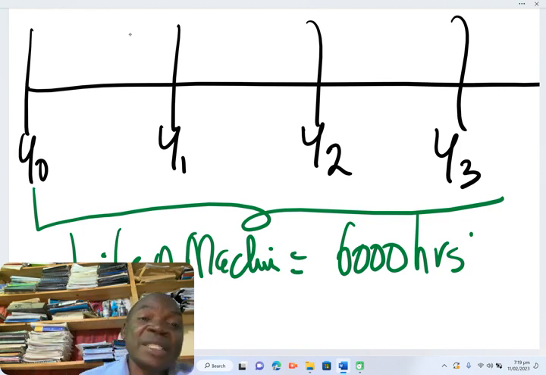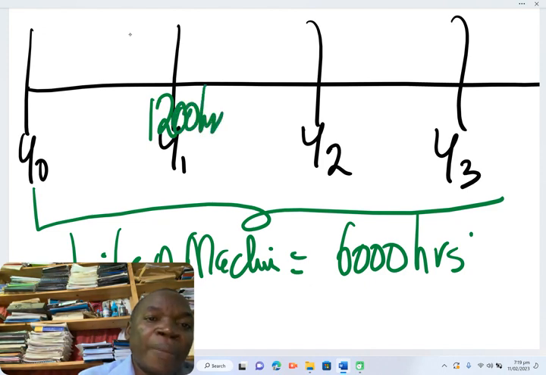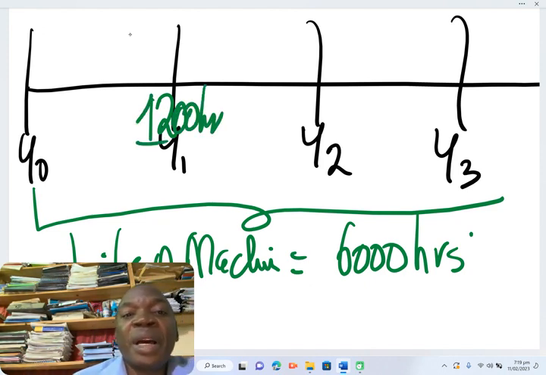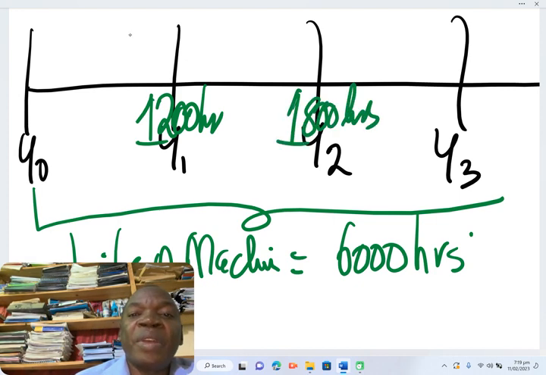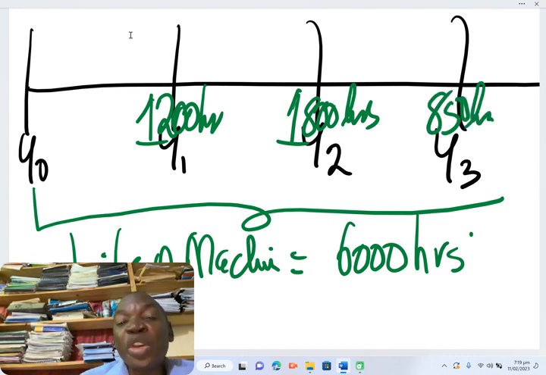Lakini kwenye mwaka wa kwanza ametumia ngapi? Kwa 200, alafu nafuata 1,800, inafuata.